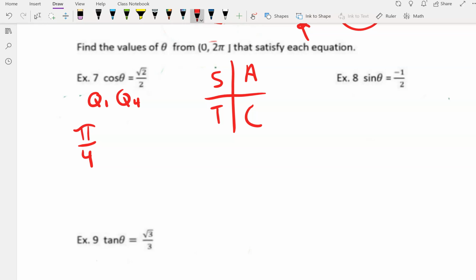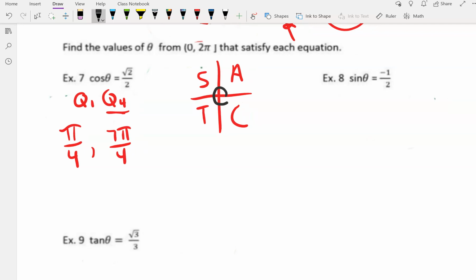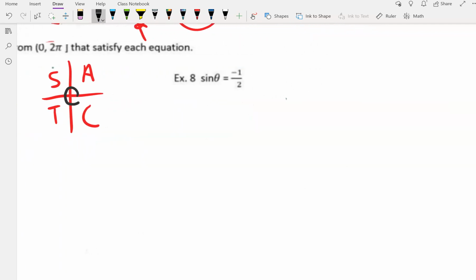So what angle has a reference angle of pi over 4 in quadrant 4 though? And that answer is going to be 7 pi over 4. Because 8 pi over 4 would have been one full rotation. But we're stopping just short of one full rotation, so that's 7 pi over 4 in quadrant 4.